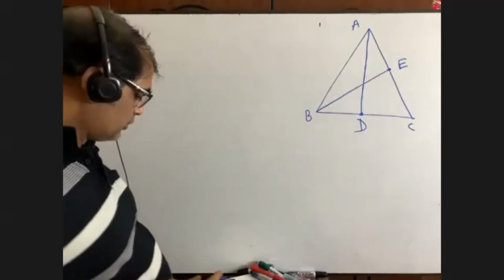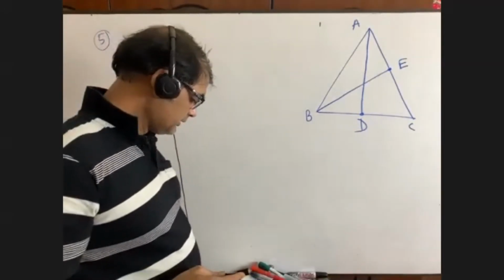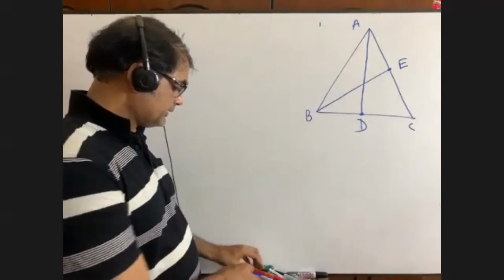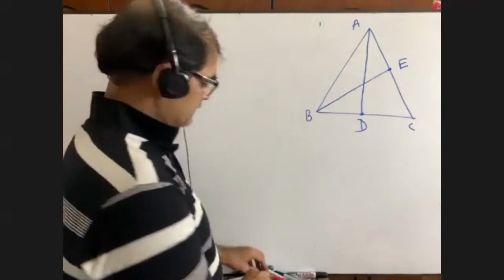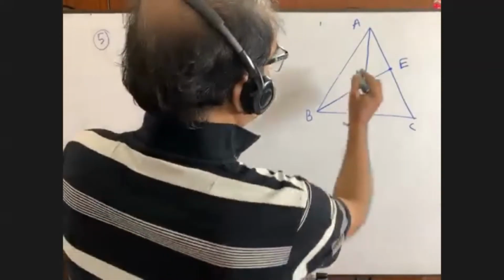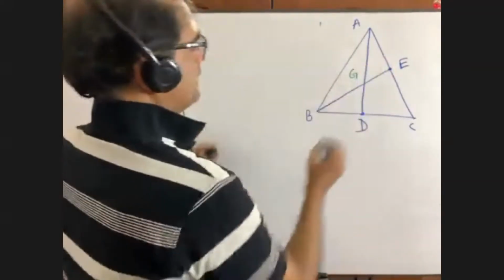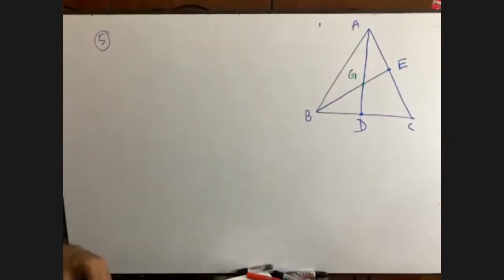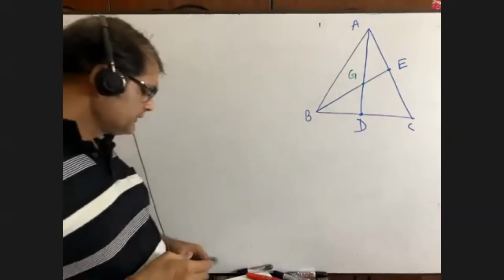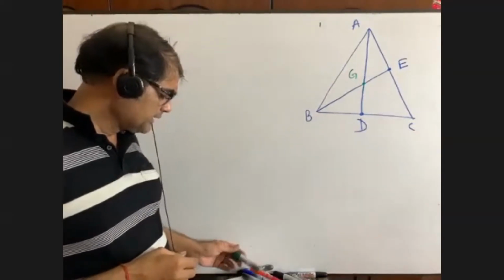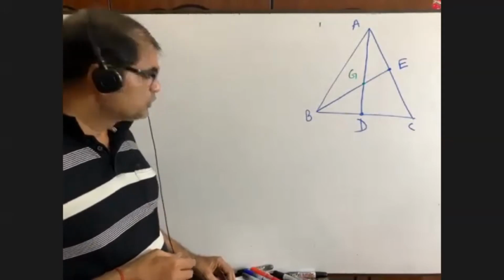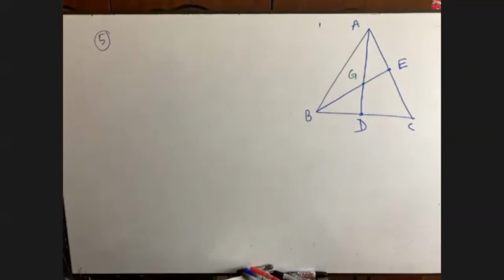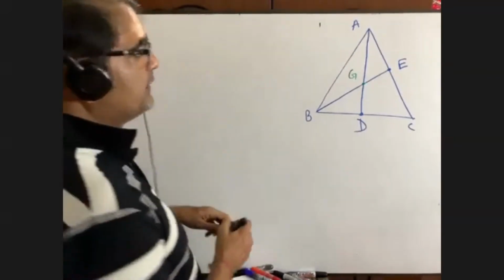And it is told in the question that they meet at a point, it is called the centroid, that is Z. Okay, they meet at this point Z. It is also told in the question, a line segment is drawn through Z parallel to DE. Parallel to DE, okay, very good.